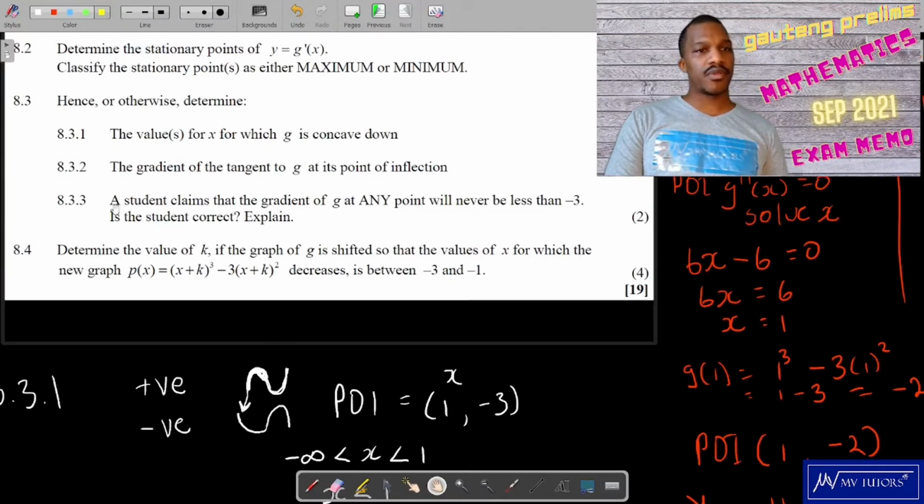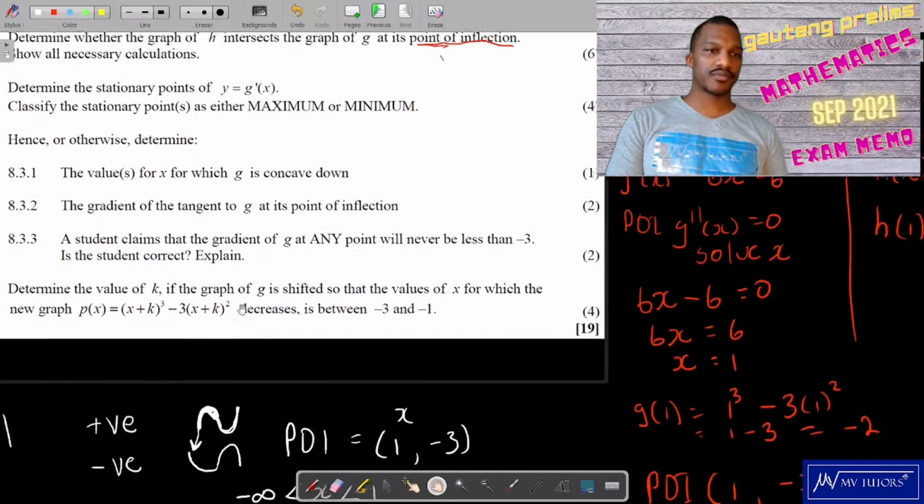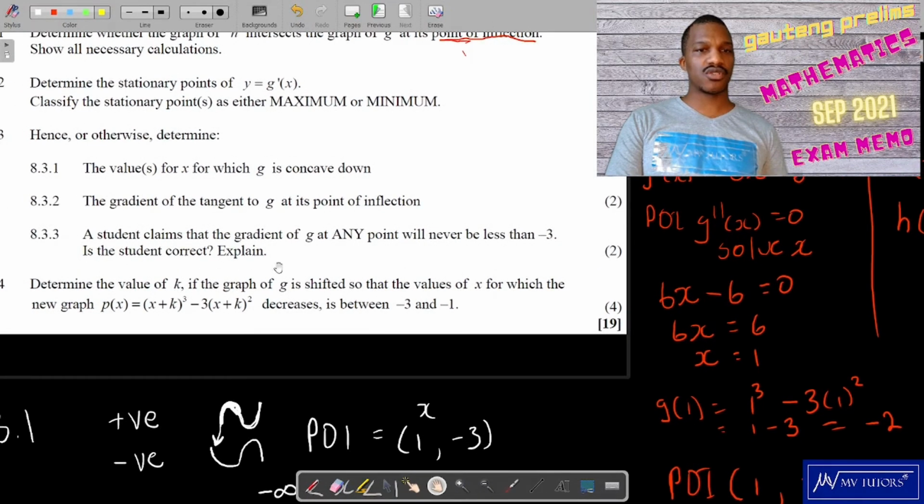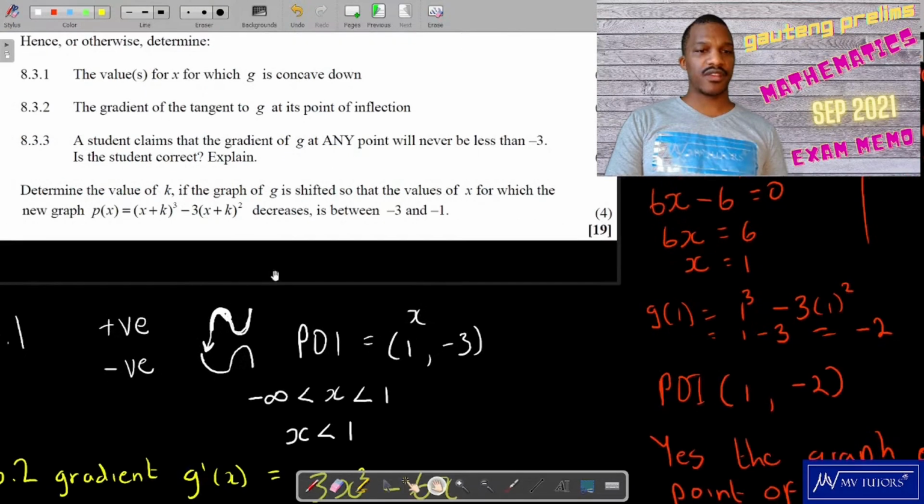Now 8.3.3 says a student claims that the gradient of G at any point will never be less than -3. Is the student correct? So what we want to potentially do here is just solve the minimum value.